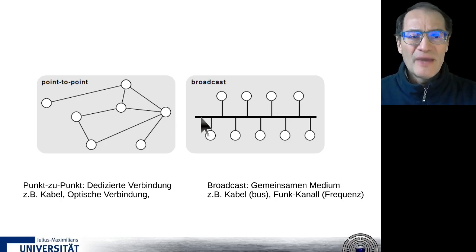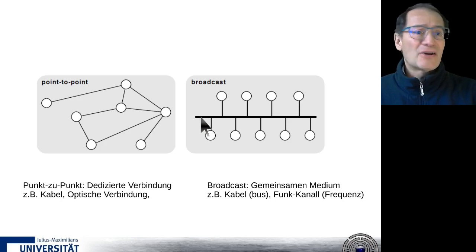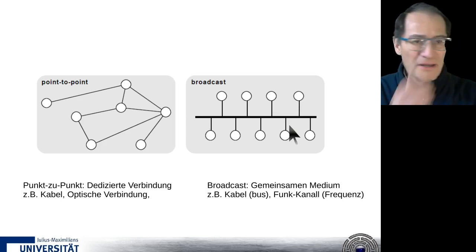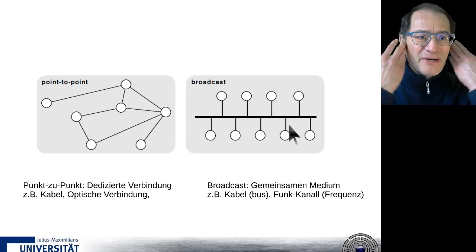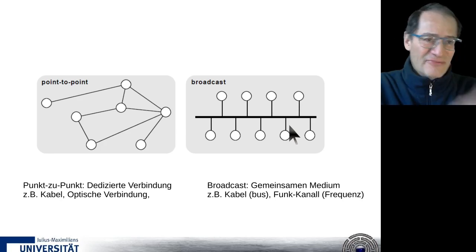So we have to make some kind of order to say, okay, first talk you, then you, then you, then you. Like in a room, if everybody is talking at the same time, you will get only noise. It's better if first one, then the next, and so on.